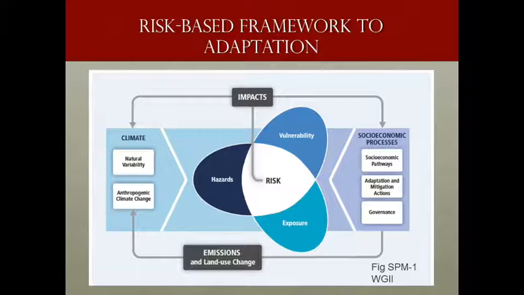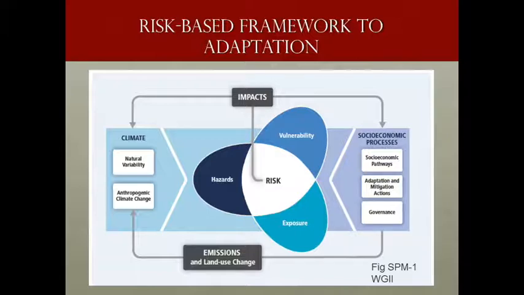So a big event occurred in 2012, I think it was, when the IPCC convened a group of experts on climate change and put them together with a group of experts on risk management. And they came together to work on a report, and one of the main outcomes was this graph, okay?